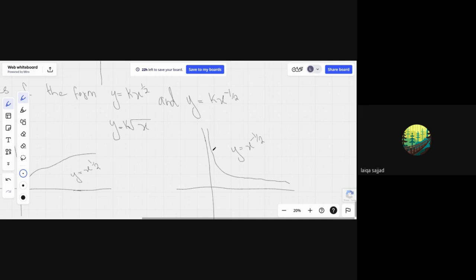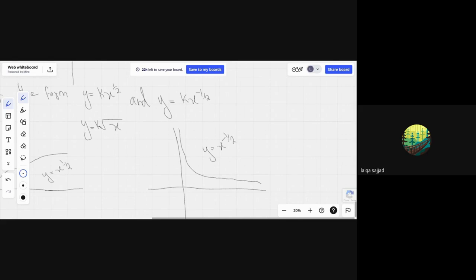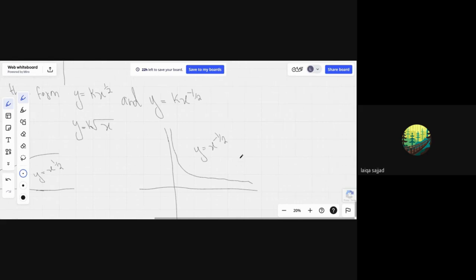It means that the graph will keep moving closer and closer, but it won't ever touch the x-axis or the y-axis. It means that it won't give you an x-intercept or a y-intercept. We know at an x-intercept, it actually touches the x-axis, and at a y-intercept, it actually touches the y-axis. But this graph has the coordinate axes as asymptotes, so it does not give you any x or y-intercept.